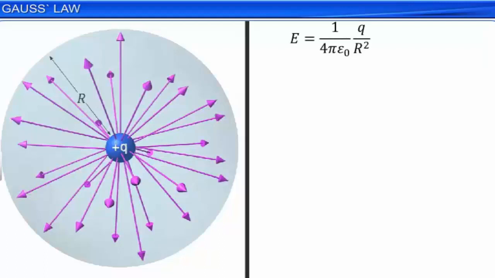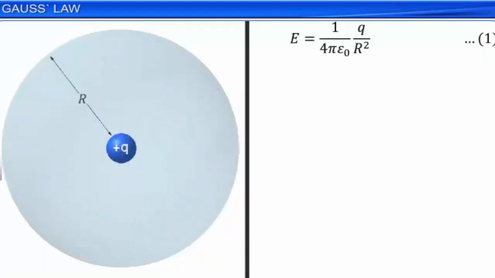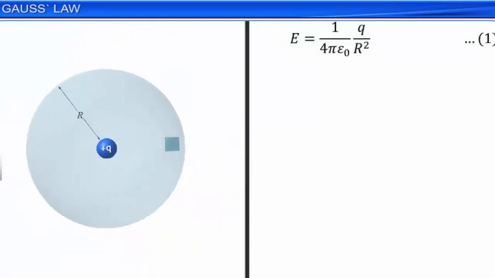Let this be equation 1. So we see that for all points on the sphere of radius r, the magnitude of the electric field strength is the same, and it is directed away from the charge plus Q in an outwardly normal direction at each point.